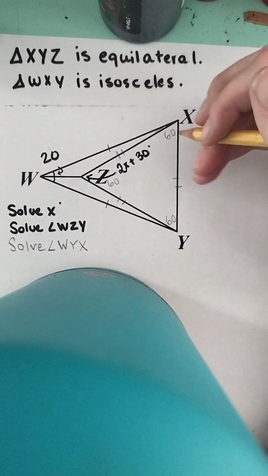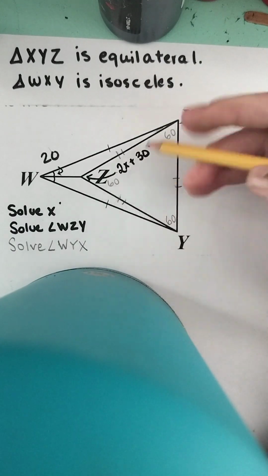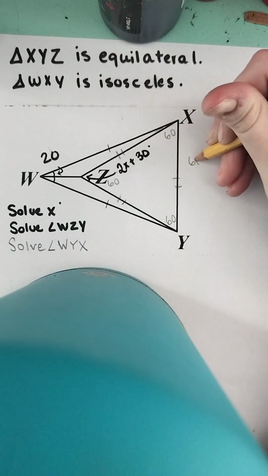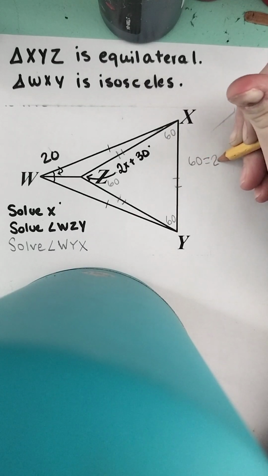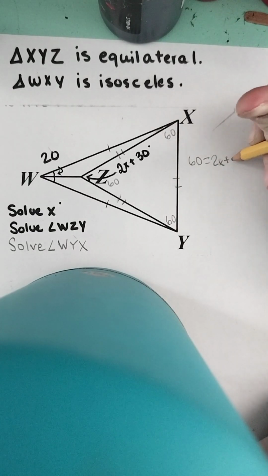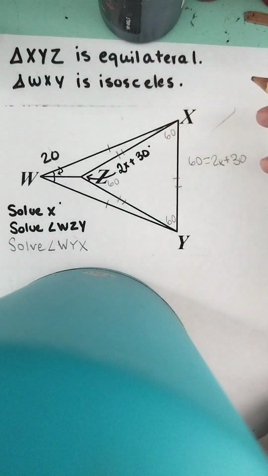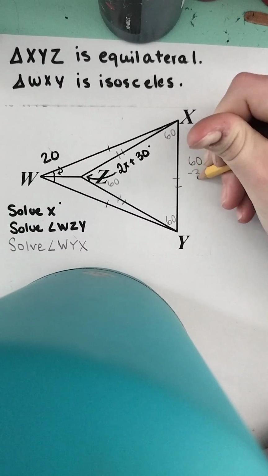So now that we know that z is equal to 60, we can set it equal to 2x plus 30, because it was a part of our given information that z is equal to 2x plus 30. So subtract 30 from both sides.